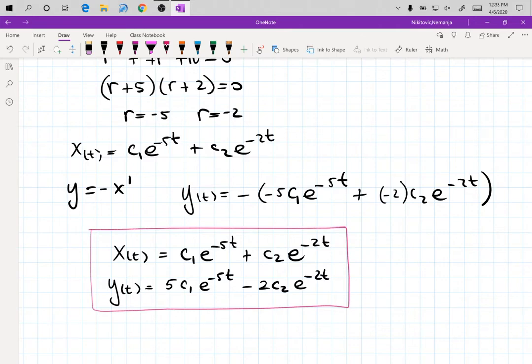I see something about plus 2cc. I'm not sure what that means. I'm not sure what the chat message means. We do have our c's.